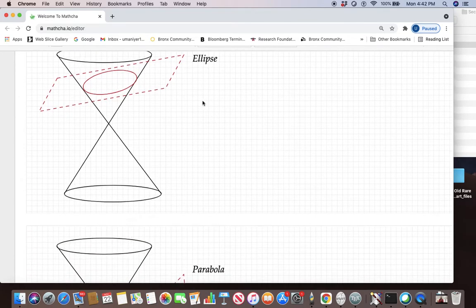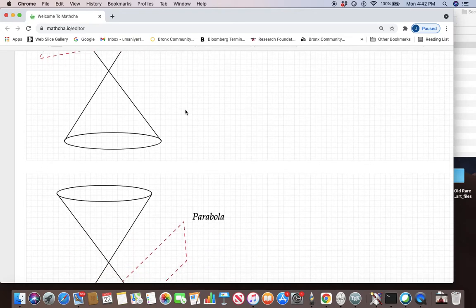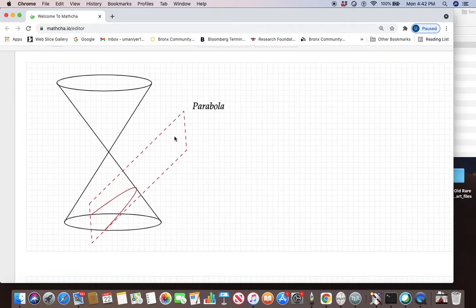Now suppose I move my plane in a certain fashion. It's parallel to the oblique side of the cone. Then I get an infinitely long arc. That's your parabola.